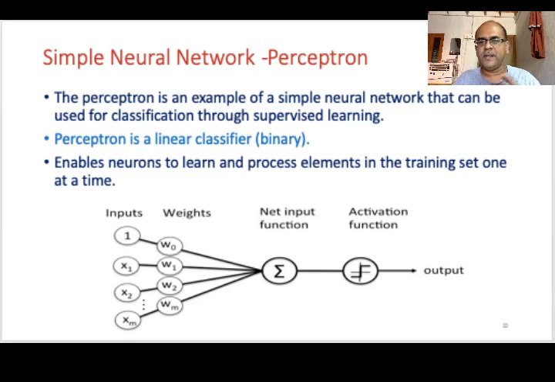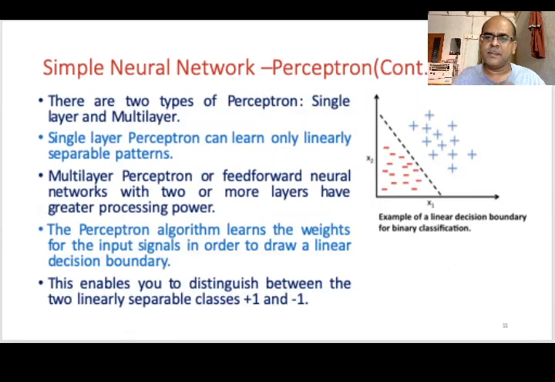So I have a set of inputs, I have a set of weights, I have the net input function, called the summation function, then there is an activation function, and there is an output. When you look into a simple neural network, there are two types of perceptrons: a single layer perceptron and a multi-layer perceptron. A single layer perceptron can learn only linearly separable patterns.